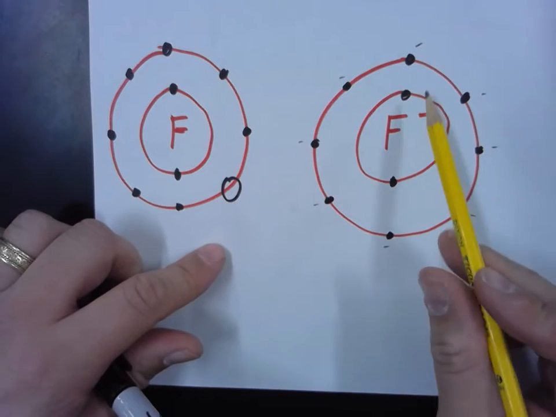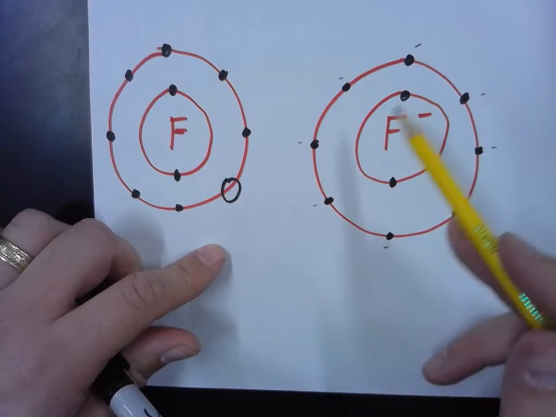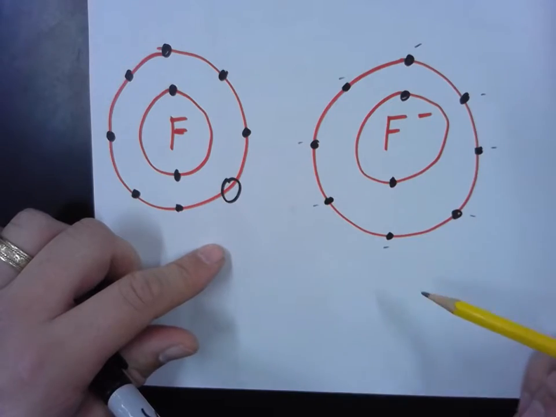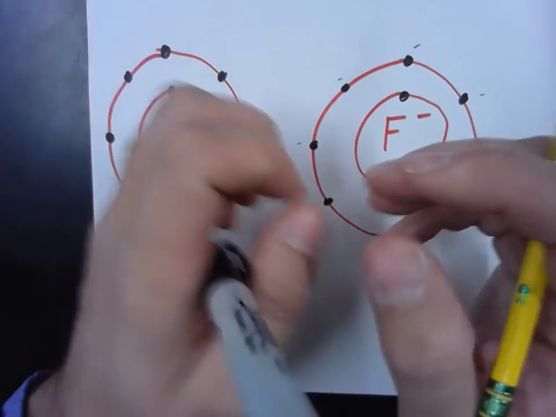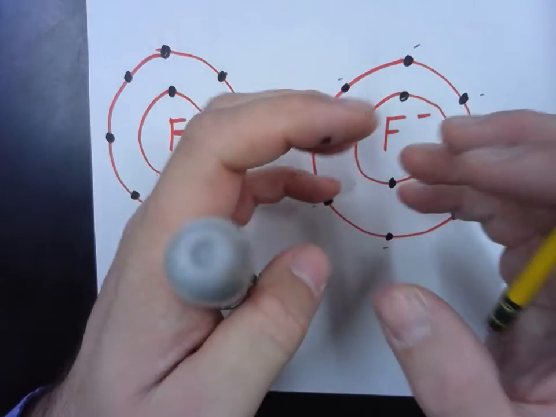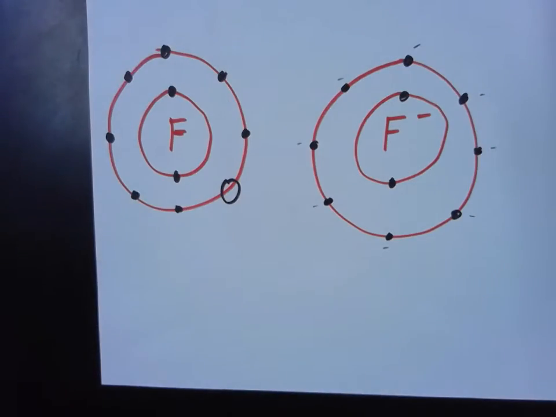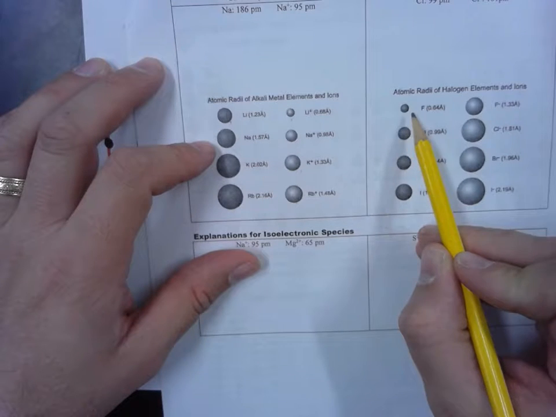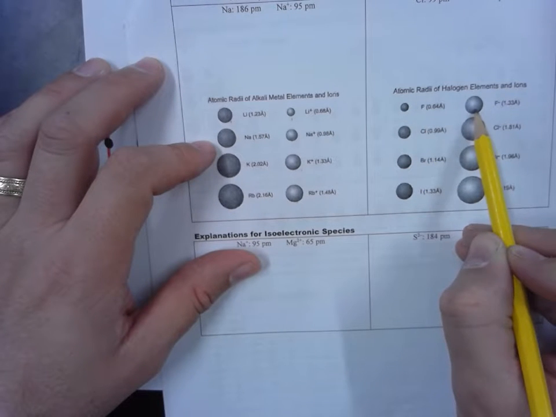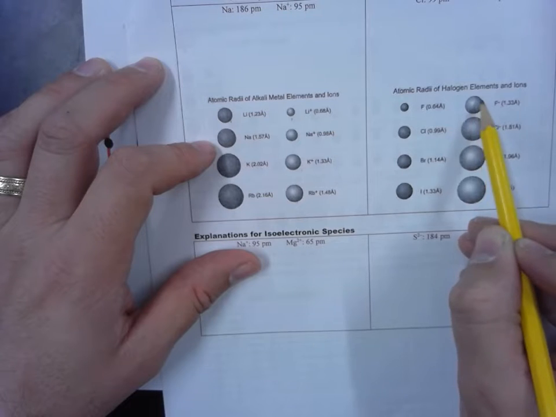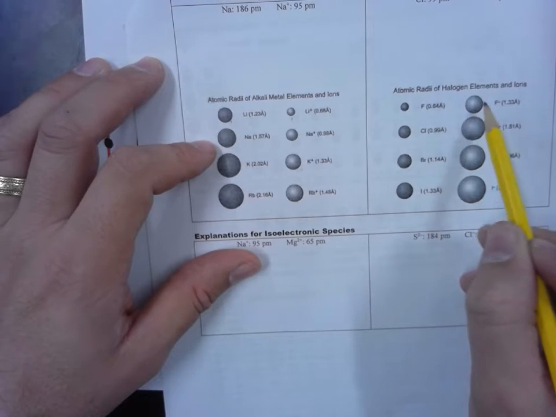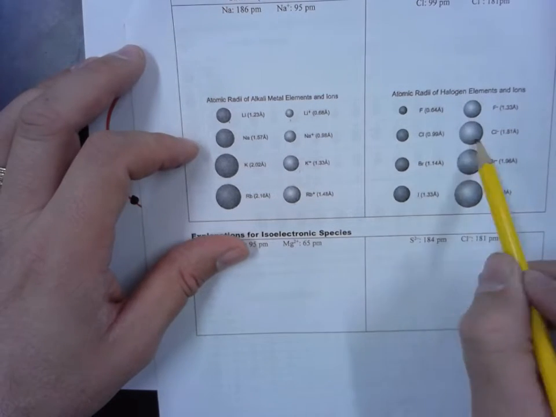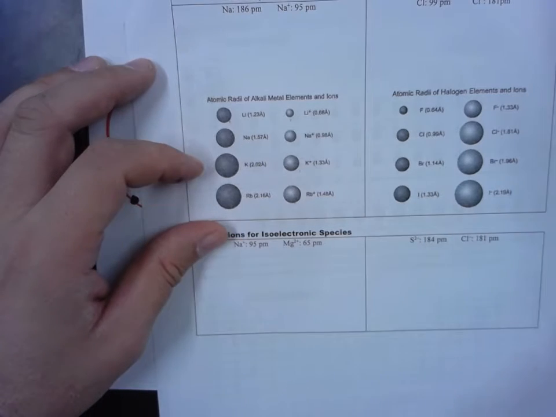Because there's more negative charges in this shell within close proximity, the radius of the atom will actually expand a little bit. So that's why you see this trend here. F has a very small radius, but if I add 1 more electron, it gets way bigger, because these electrons are interacting with each other and they all have a negative charge. And that trend continues for all of these radii.